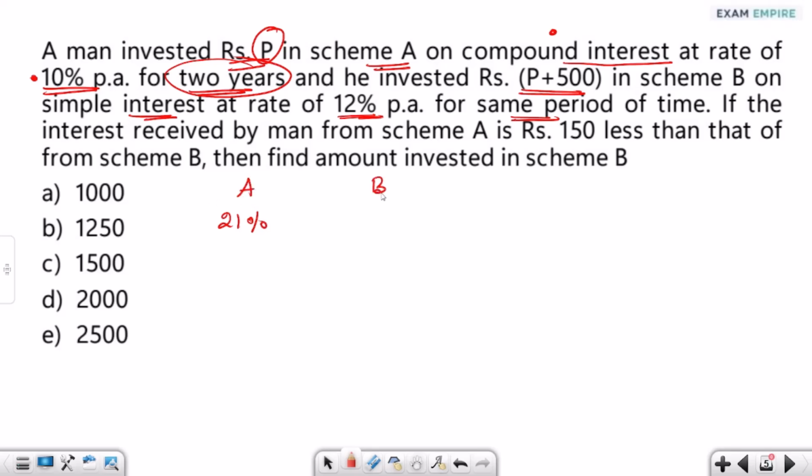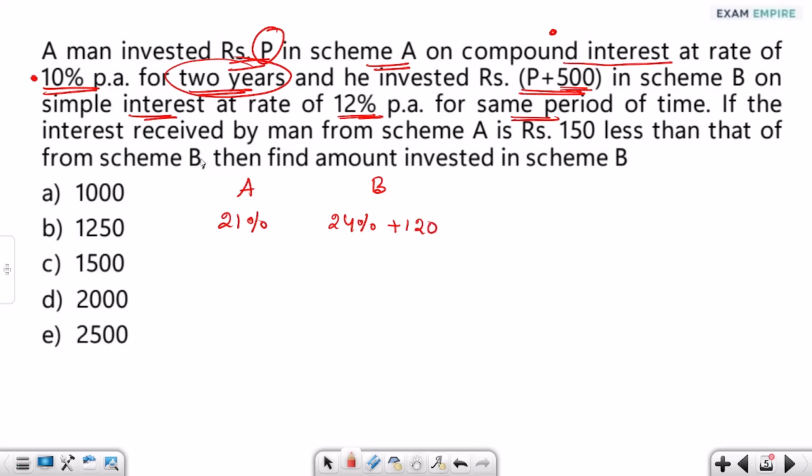What about scheme B? He invested P plus 500 in scheme B on simple interest at a rate of 12% per annum. For 1 year it is 12%, so for 2 years it will be 24%. And for the extra 500, what is 12% of 500? It is 60, so for 2 years it will be 120.